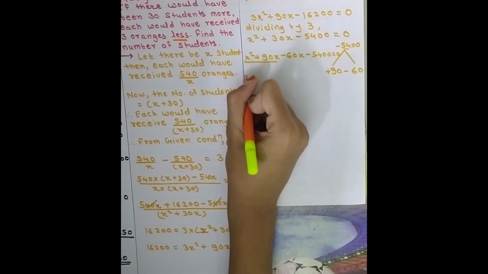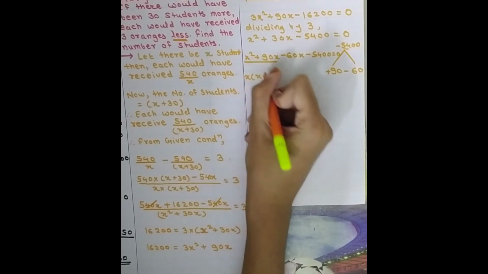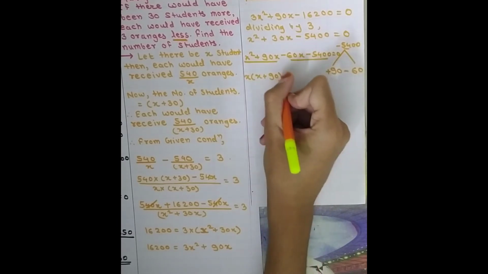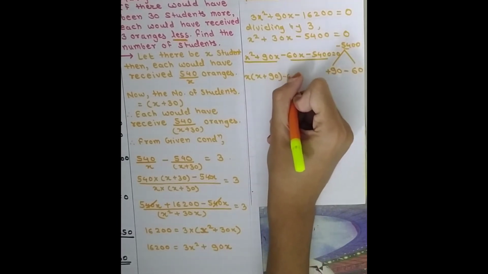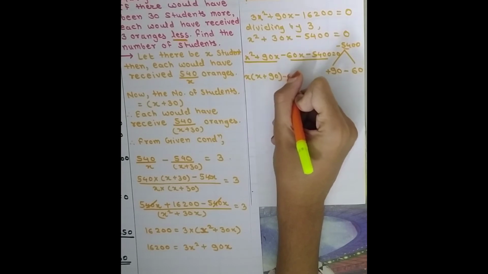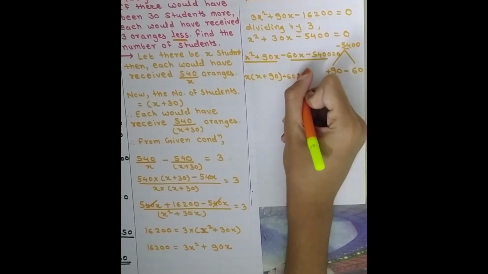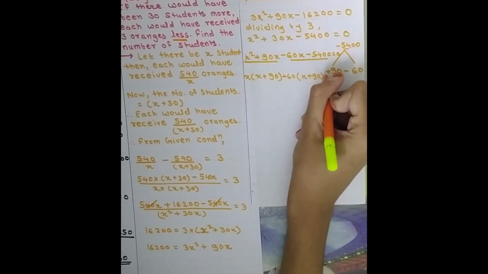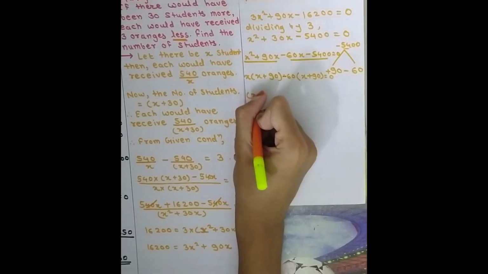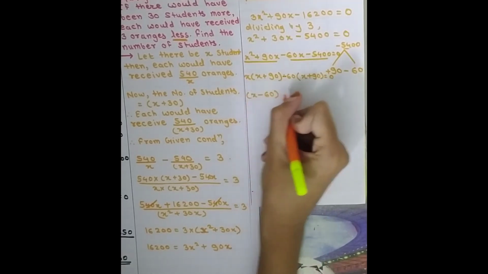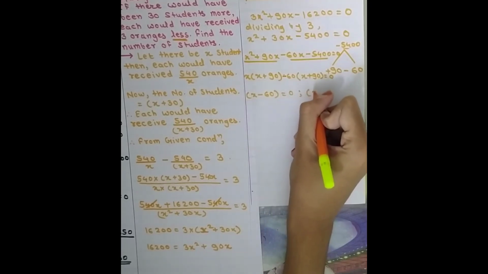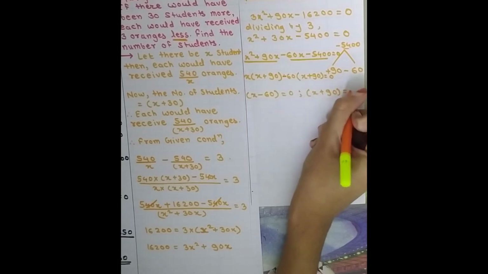From these two terms x is common, giving x plus 90, and from these two terms minus 60 is common, giving x plus 90. So x minus 60 is equal to 0 and x plus 90 is equal to 0.